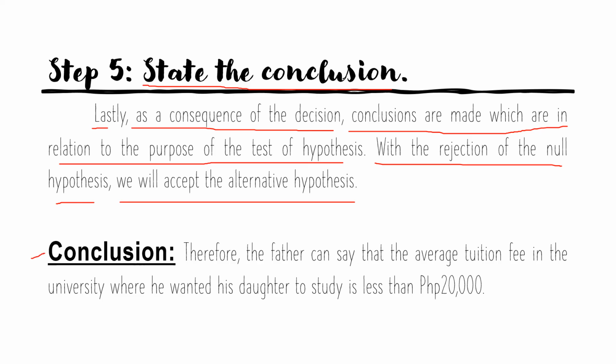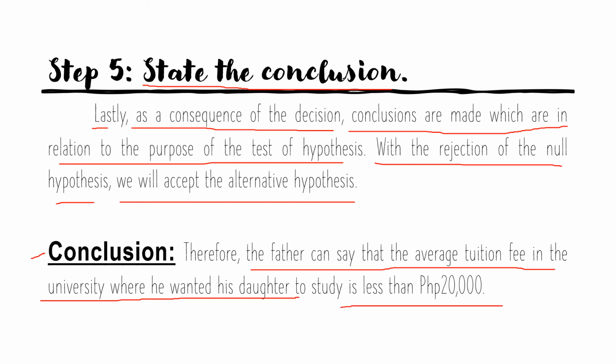Therefore, our conclusion now is the father can say that the average tuition fee in the university where he wanted his daughter to study is less than 20,000 pesos. This statement is totally opposite of your null hypothesis. Since we reject your null, we should accept your alternative hypothesis.